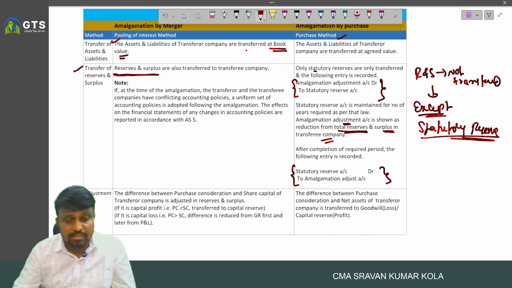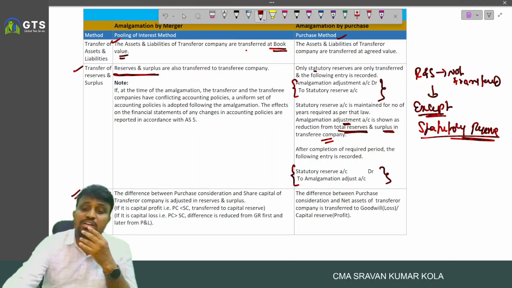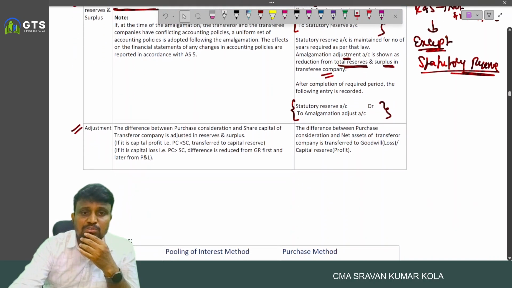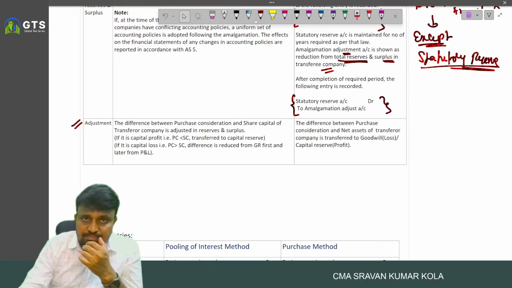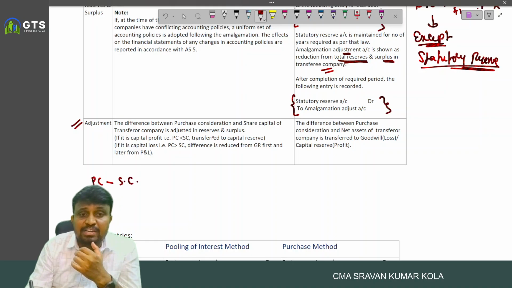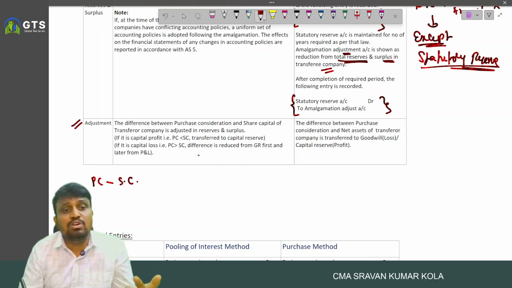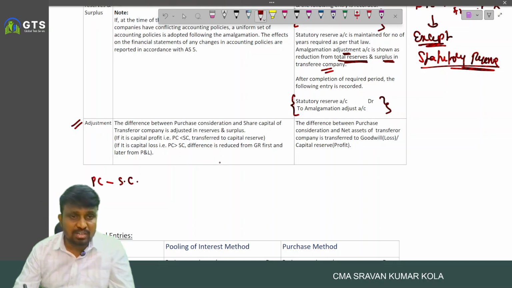Next, coming to the adjustment. This is very, very important. In case of the pooling of interest method, you have to check the difference between the purchase consideration and the share capital of the transferor company. Purchase consideration is compared with the share capital of the transferor company.